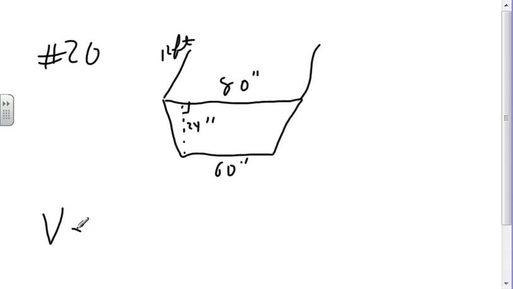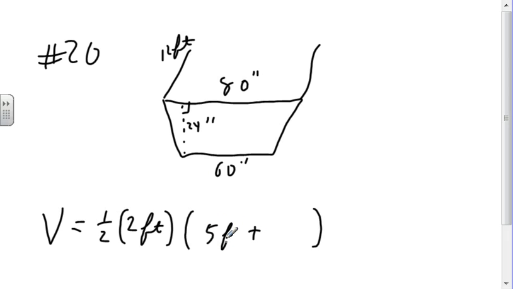All right, so the volume, okay, so I'm going to have 1/2 the height, 2 feet, times the two bases. So I'm going to divide 60 by 12, and I'm going to get 5 feet. And I'm going to divide 80 by 12, and I'm going to get 6 2/3 feet. And that's going to give me the volume.